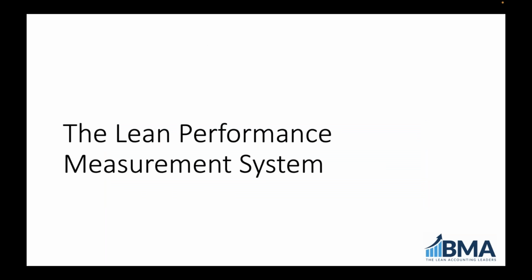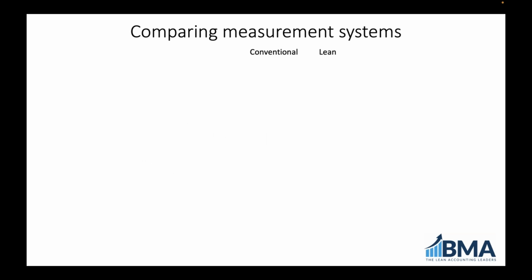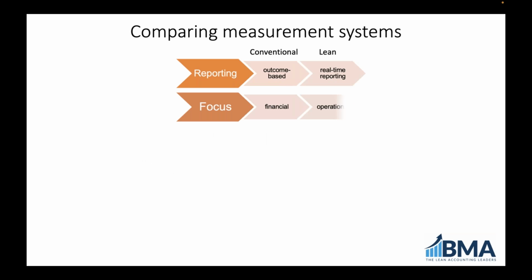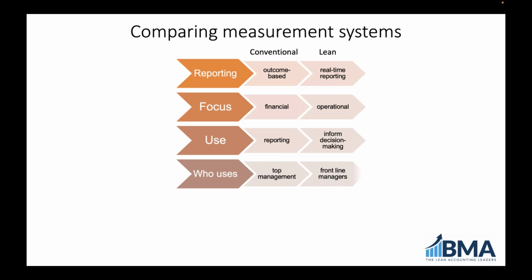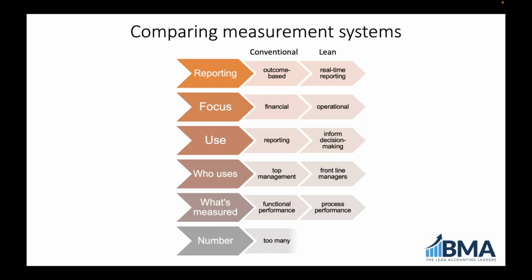All right, so let's review, what is a lean performance measurement system? I think it really starts with understanding the difference between conventional performance measurements and a lean performance measurement system. And everything you see here on the screen is a difference.